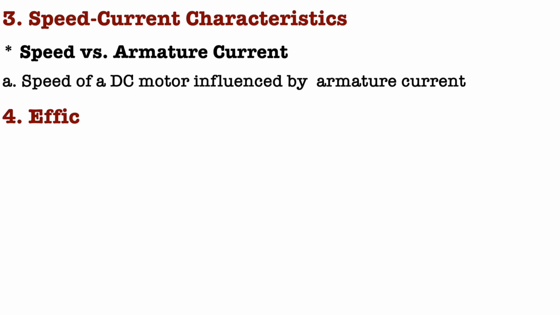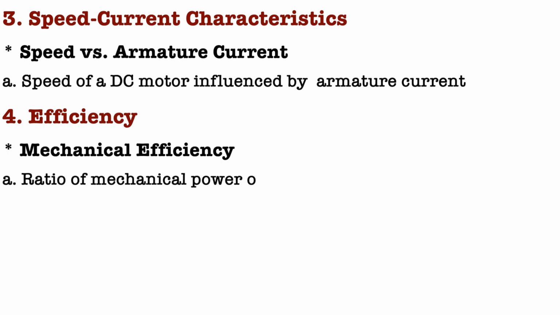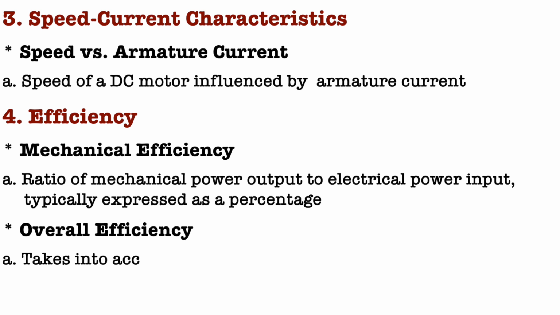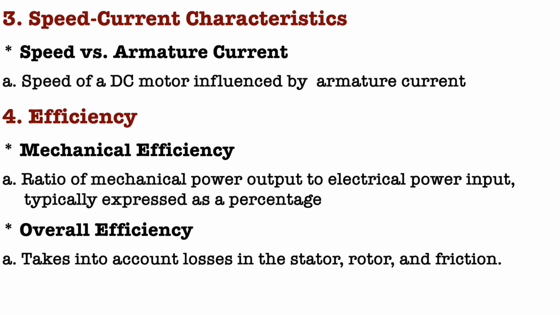Next is efficiency. The mechanical efficiency is the ratio of mechanical power output to electrical power input, typically expressed as a percentage, whereas the overall efficiency takes into account the losses in the stator, rotor and friction. Next is our load characteristics.